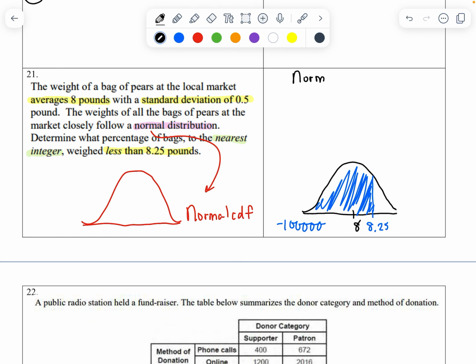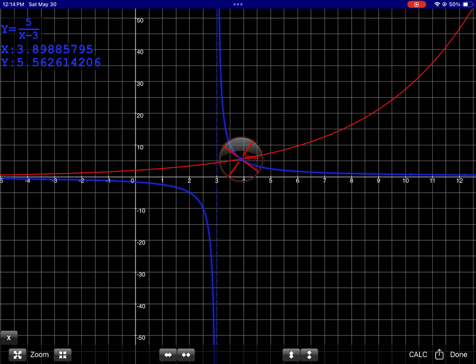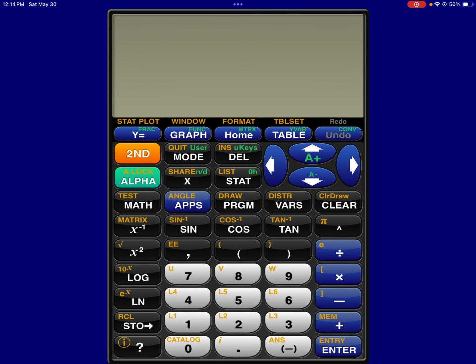In my calculator, if this is not a multiple choice, you have to show work, which is to either draw it or to write the calculator buttons. The calculator buttons are going to be second, bars, normal, CDF.